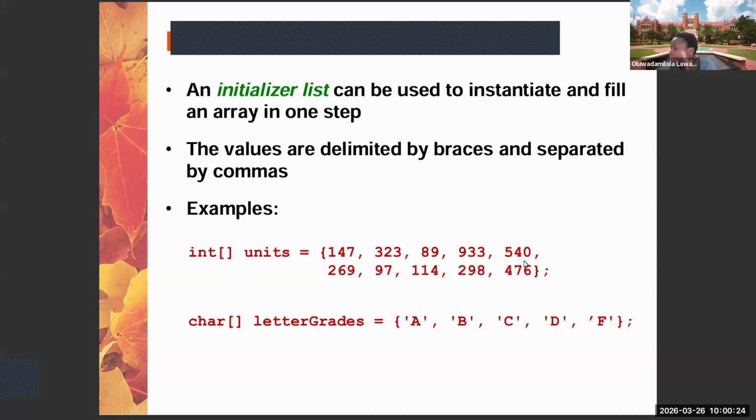This is where we put our values, and with these, the compiler understands, oh, this is the values associated to this specific array unit. So how do we separate the different values within this array?